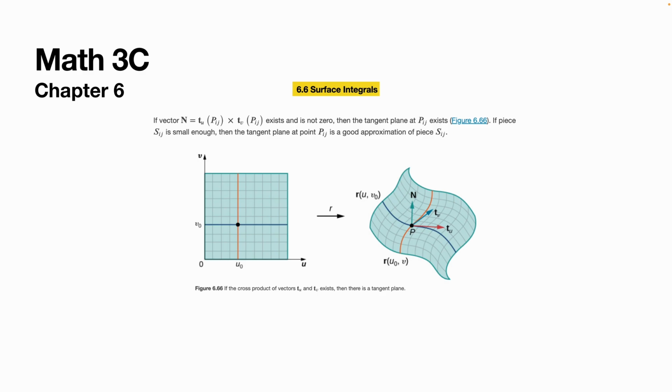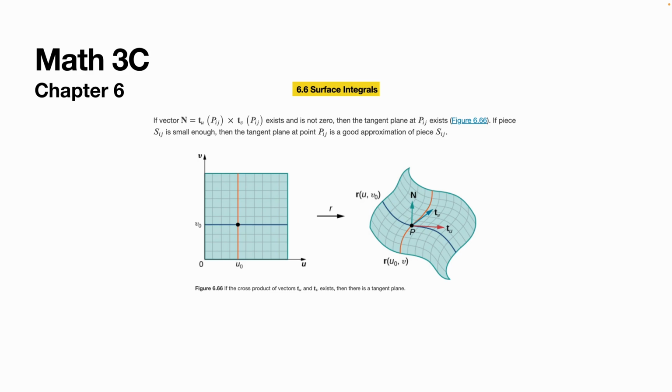Now, we know that our parameterization is going to yield a smooth surface. That's going to be the assumption throughout the chapter, otherwise it doesn't make sense.